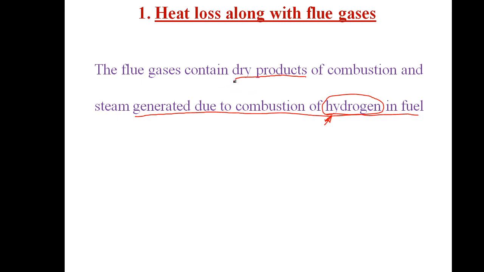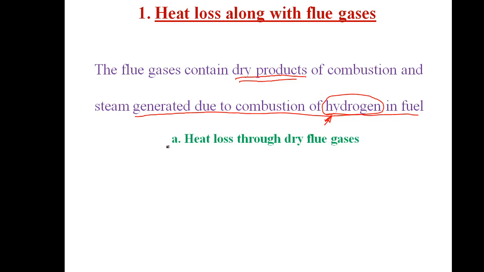One is the dry product of combustion, that is carbon dioxide, which carries heat along with it, and the vapors formed by combustion of hydrogen or the water present in the fuel also absorb heat energy to convert that water into steam, and that mixes with the flue gases and carries heat along with it into the atmosphere.